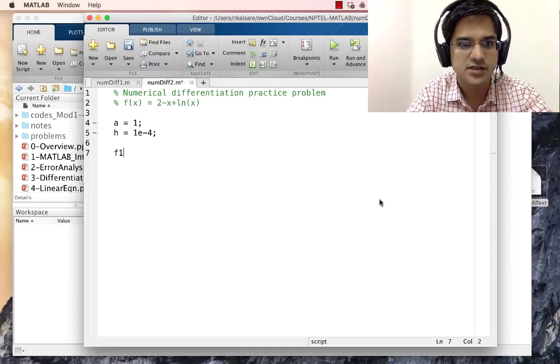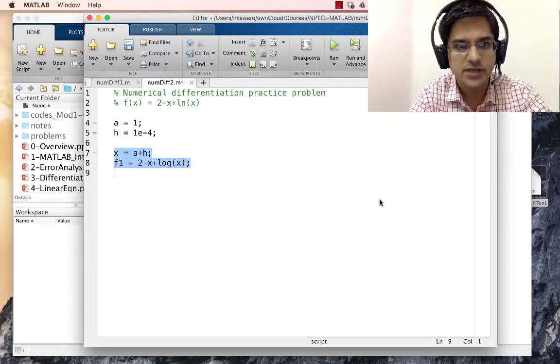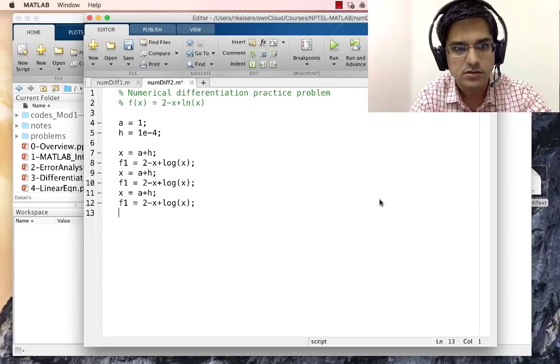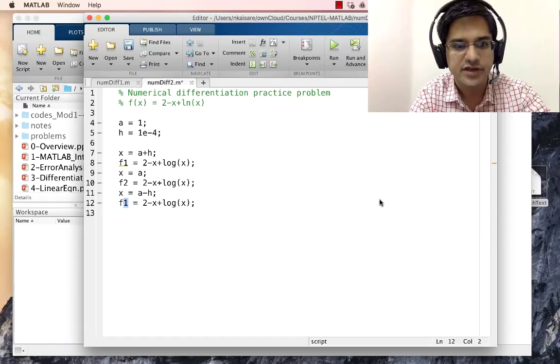In fact, let's write it this way: x equal to a plus h, f1 equal to 2 minus x plus log of x. Okay, and we copy paste. Okay, x equal to a and f2 equal to this, x equal to a minus h and f3 equal to this.